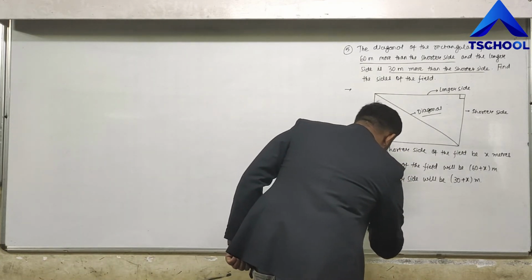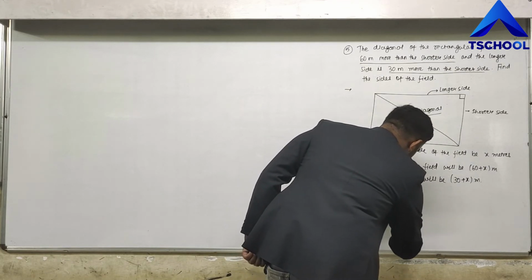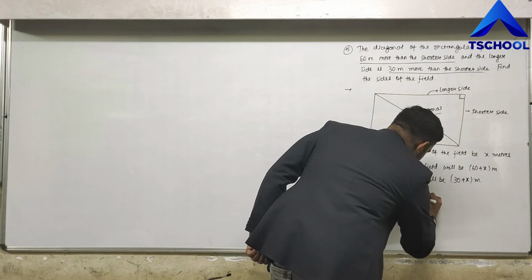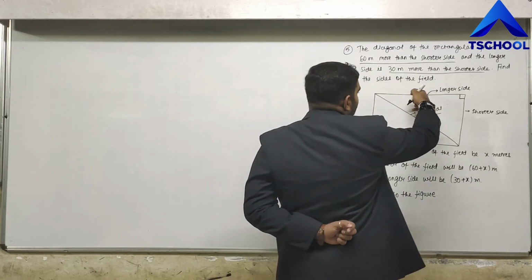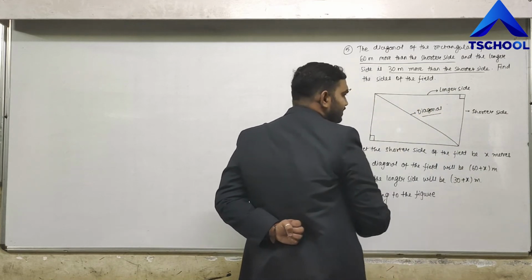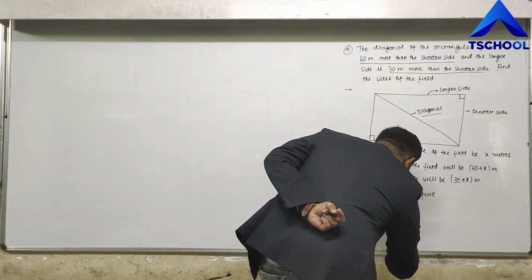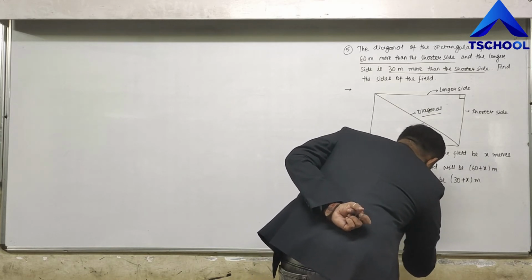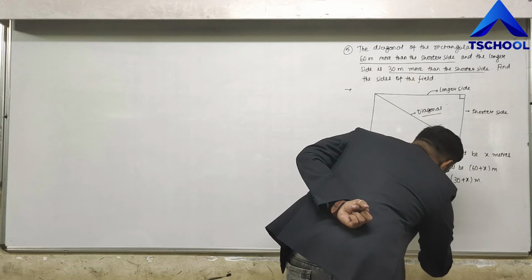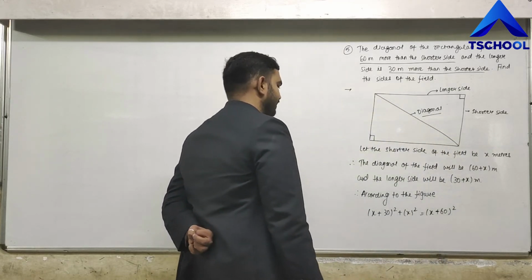Therefore according to the figure, right, according to the figure, longer side square plus shorter side square equals diagonal square, that is x plus 30 whole square plus x whole square is equal to x plus 60 whole square, right?